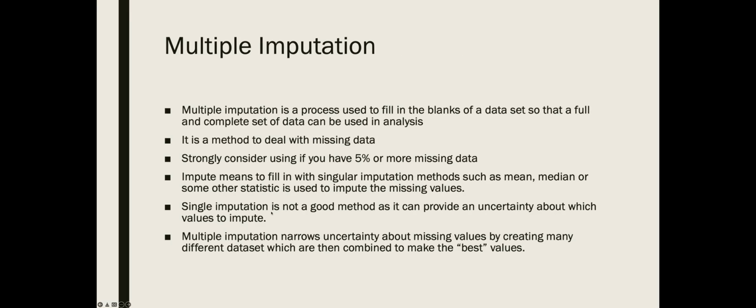Single imputation means filling in with methods such as the mean, median, or some other statistic to impute the missing values. Single imputation is not a good method as it can provide uncertainty about which value to impute.